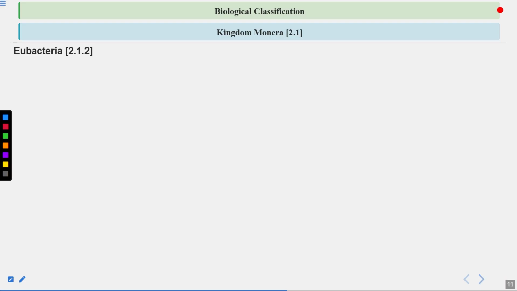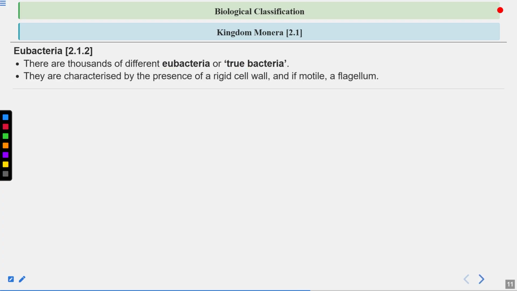Now let's talk about eubacteria. So eubacteria, they are the true bacteria. Clear? So there are thousands of different eubacteria or true bacteria. Archaebacteria, they are the primitive bacteria. And eubacteria are characterized by the presence of a rigid cell wall, and if motile, they have a flagellum also. The cell wall of eubacteria is different from that of archaebacteria.